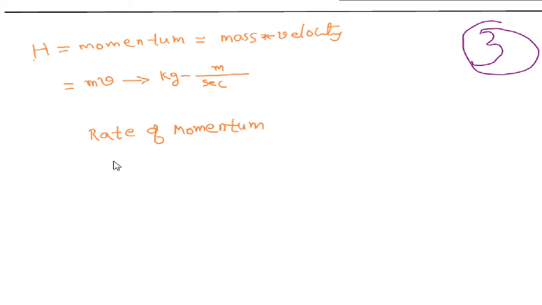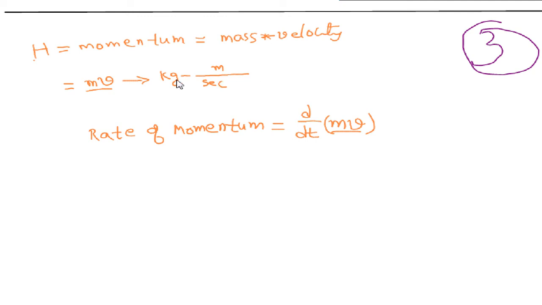That is how fast or how slow momentum is changing. This we can define as the derivative of momentum. Momentum is mass times velocity, so the rate of momentum is the derivative of mv.